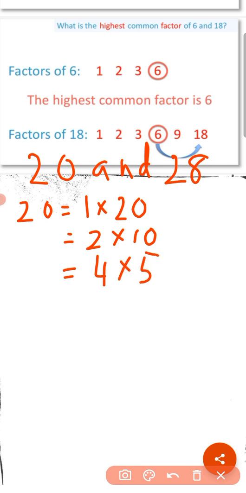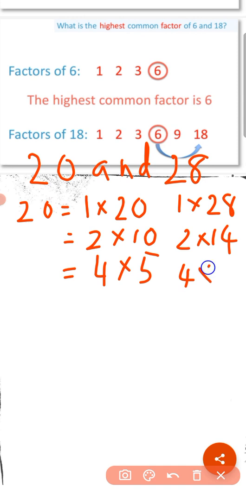Then factors of 28. 1 into 28, 2 into 14, 4 into 7. These are the factors of 28.